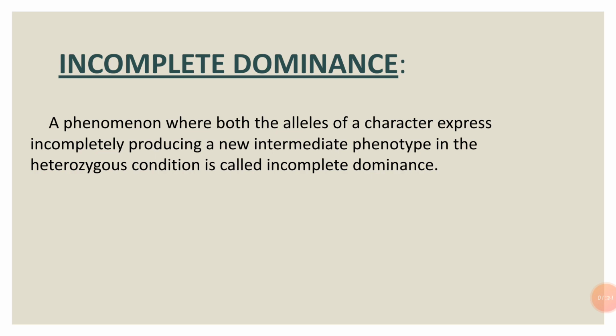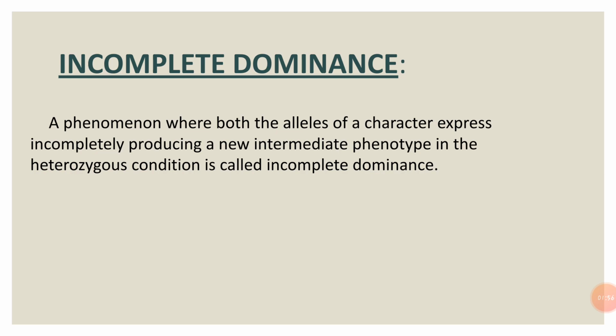Now coming to incomplete dominance. What does incomplete dominance mean? When the experiments of the monohybrid cross were repeated using other traits in other plants, whereas in the first case, the monohybrid cross, we had used the pea plant with the trait of stem height, it was found that sometimes the F1 had a phenotype that did not resemble either of the two parents and was in between the two.